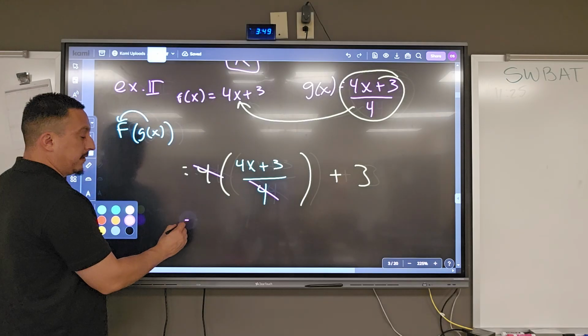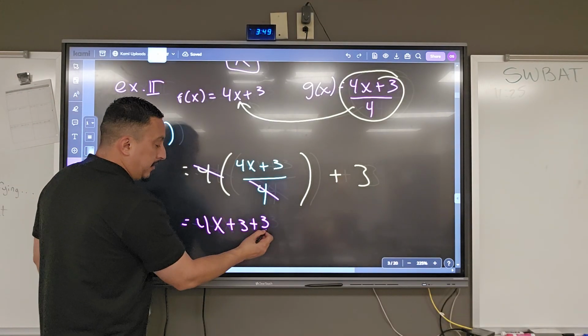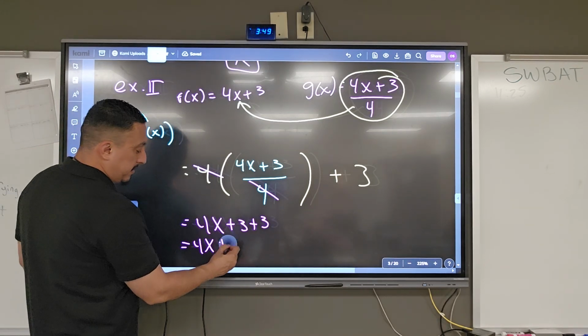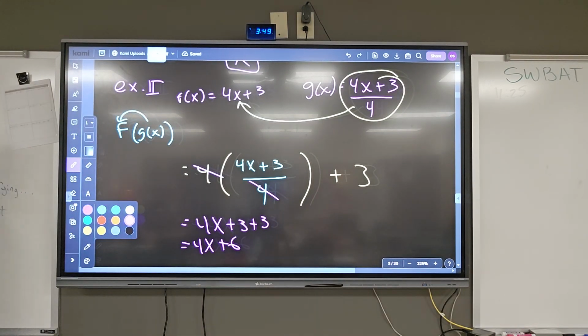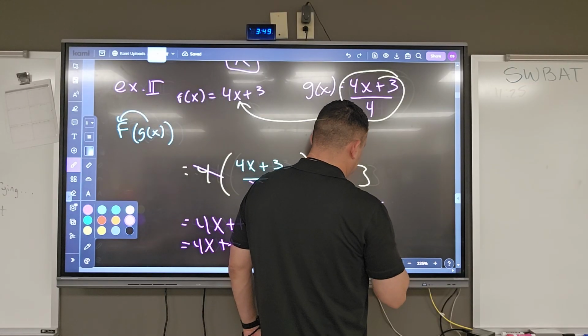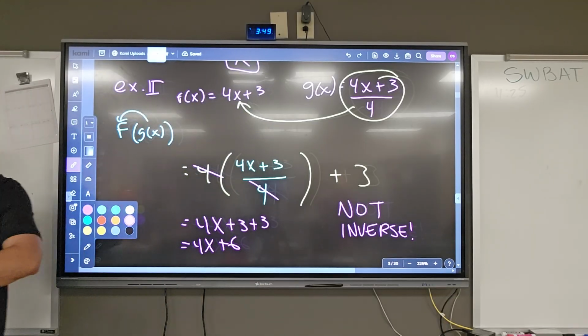And then you have 4x plus 3 plus 3. 3 plus 3 is just 6, and that's as much as you can go. So are they inverse of each other? No, because the answer is not x. So not inverse. Does that make sense, guys?